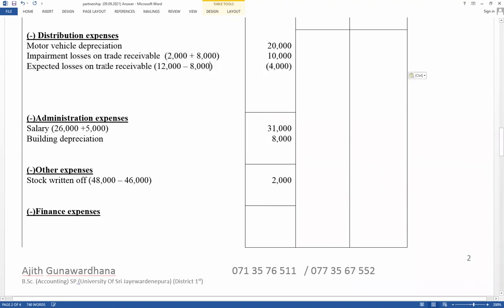Like this, impairment loss on trade receivable, trial balance available 2,000, additional information available 8,000, total value equal 10,000. But expected losses, think about trial balance, it has given opening balance 12,000 and closing balance based on trade receivable 10% equal 8,000. Opening balance is higher, therefore over provision. If it is over provision, within brackets.